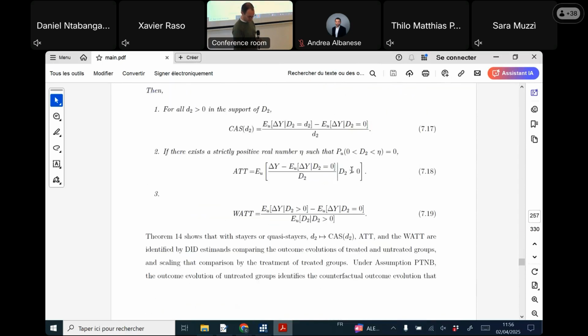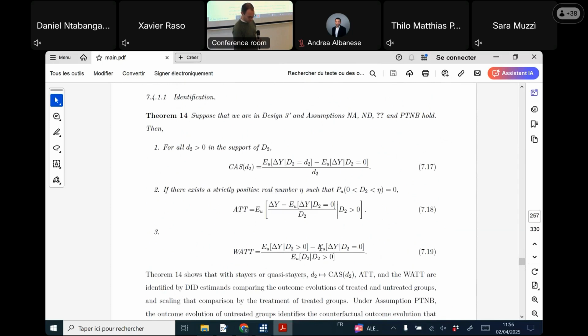With stayers, we can just follow this identification result when going from identification to estimation, and we replace expectations by sample averages. But when we don't have stayers, that does not work anymore because we are not going to have any observation in our sample with a period 2 treatment exactly equal to 0. And therefore, computing a sample average of outcome evolutions for units with a treatment exactly equal to 0 will not be feasible anymore.